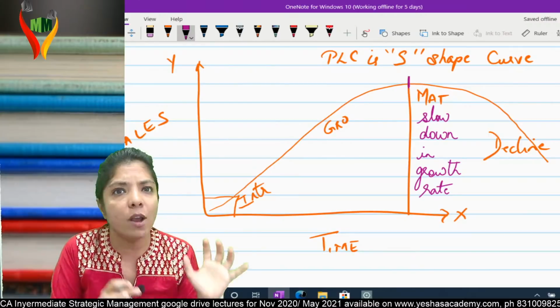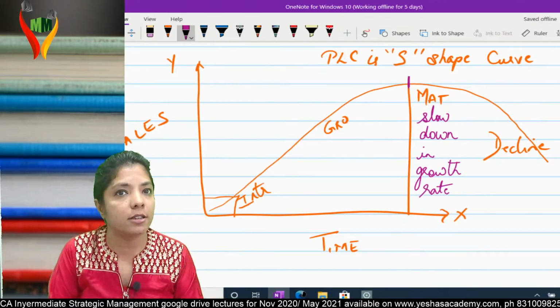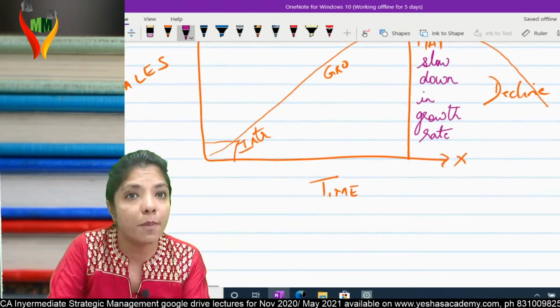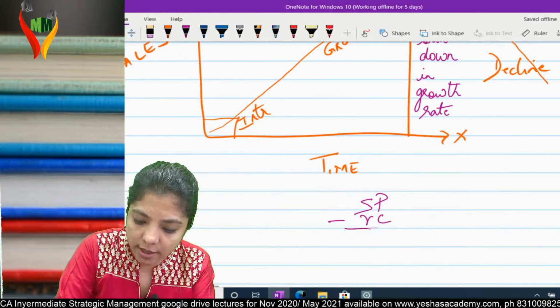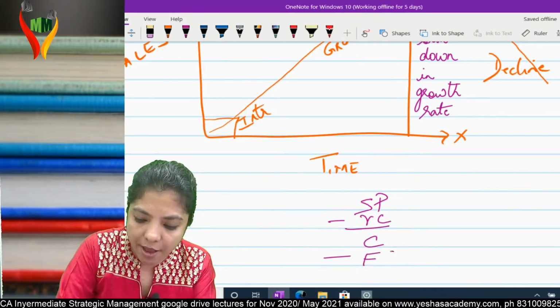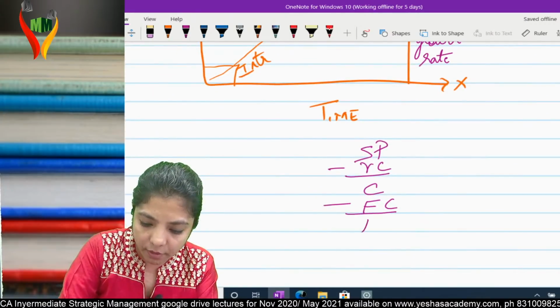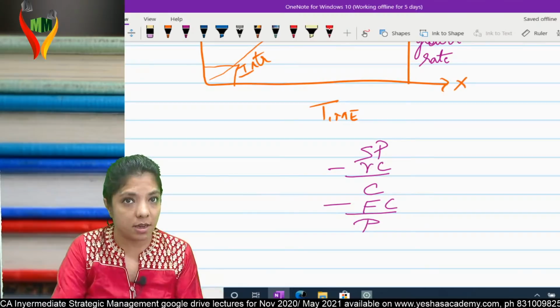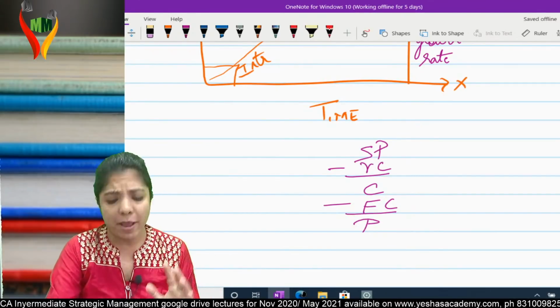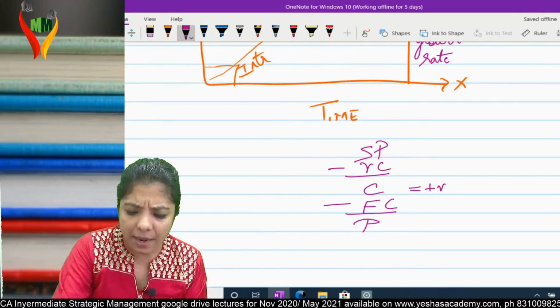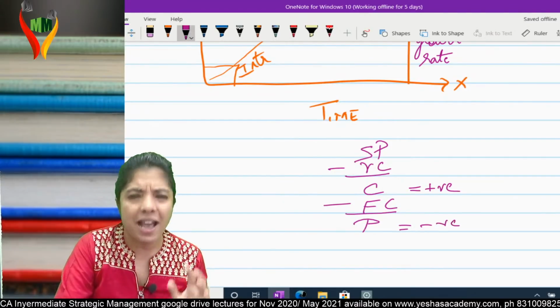Wait. I hope you have studied the marginal costing and costing chapter. What is marginal costing? Sale price minus variable cost is contribution, minus fixed cost is profit. In marginal costing I calculate my contribution, because if my contribution is positive and my profit is negative, I am not worried.